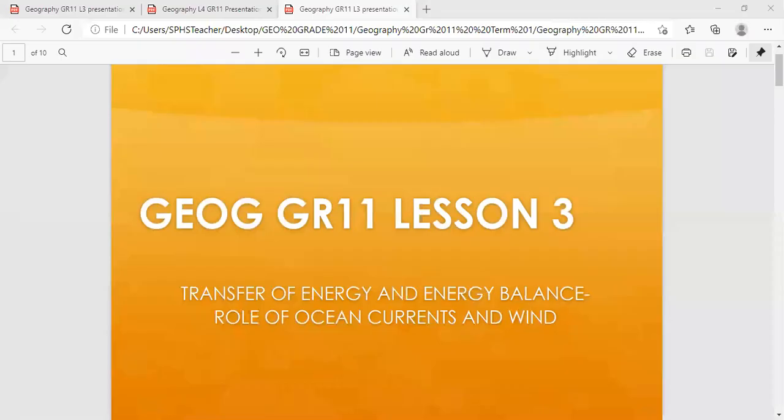Right, last week we had our first post, which was lesson 3. Lesson 3 was your first lesson, and then I posted it, and then I was supposed to do a follow up with a live lesson, which is what I'm doing now. As you can see on lesson 3, it says transfer of energy and energy balance, role of ocean currents and wind.